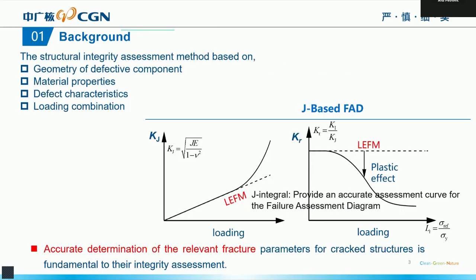The structural integrity assessment method is mainly based on the geometry and material properties, defect characteristics, and load combinations. We often use the FAD method to make the assessment. How to obtain accurate fracture analysis parameters is one of the foundations of structural integrity assessment.